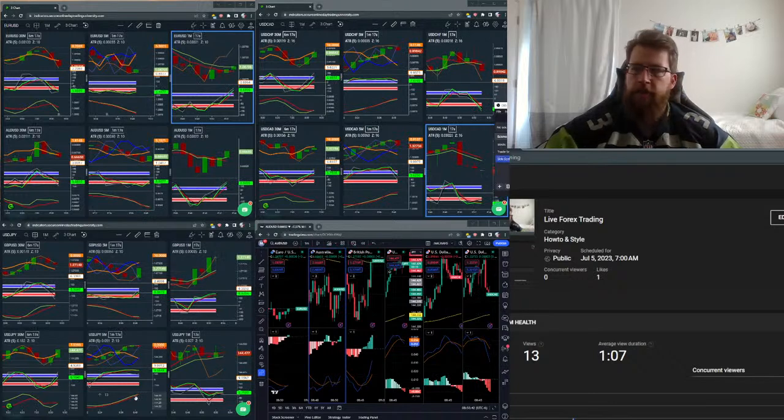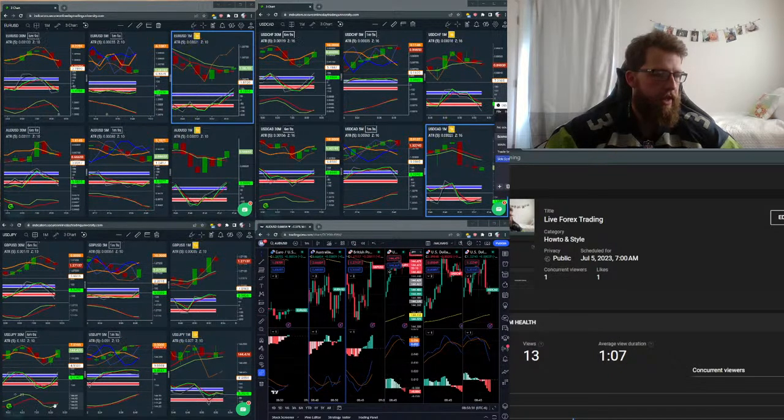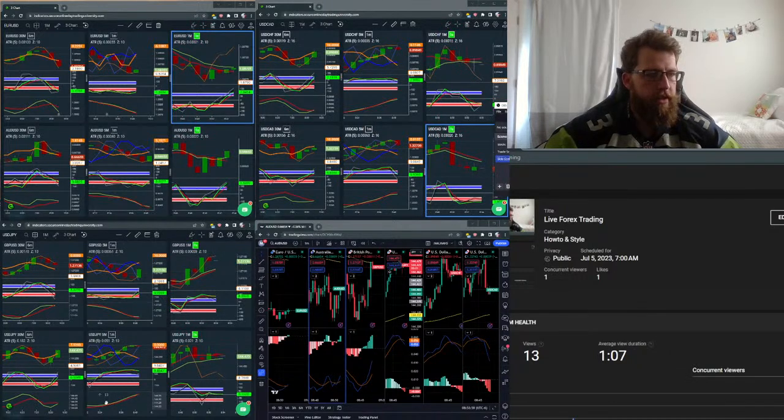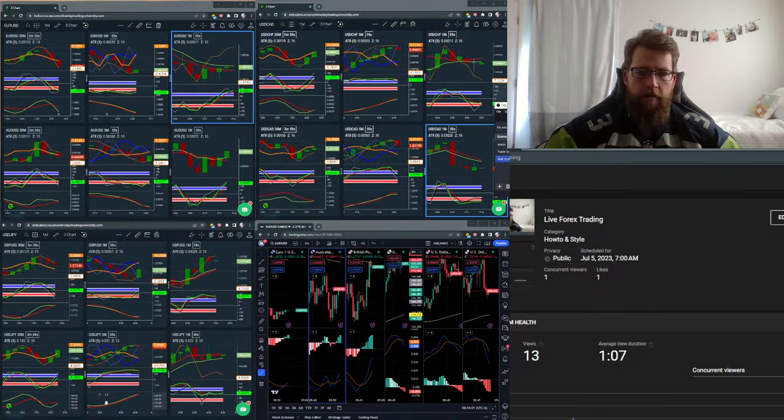But that's not the strategy that we're looking at. Looking for confluence. And then, like I said, since these are both technically pointing up here, that is an opportunity to look at going long.